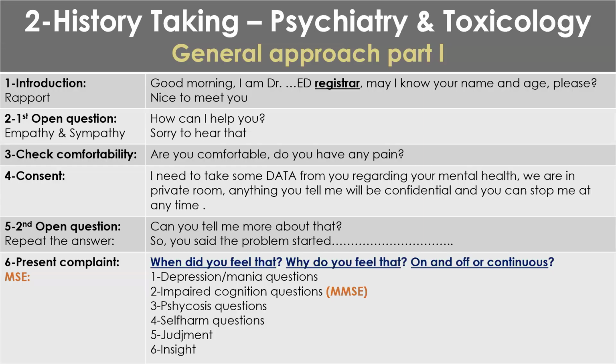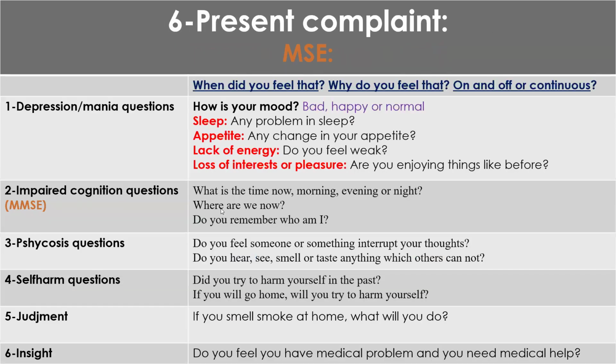Regarding the general approach, part one, you ask all the questions. You ask him the question of depression, mania, impaired cognition questions, psychosis question, self-harm question, judgment, insight you ask. Okay, so these questions you already did.